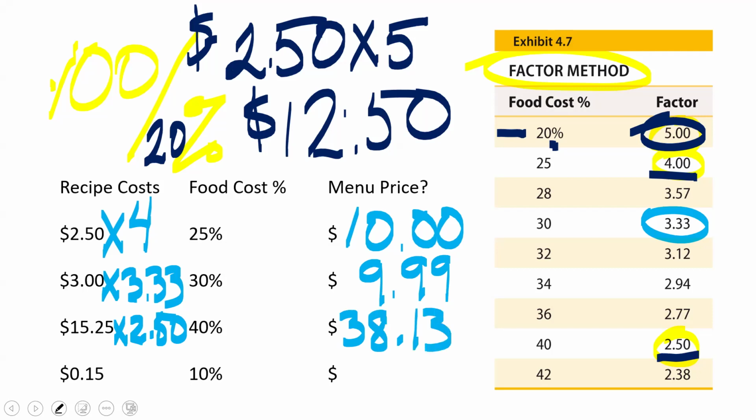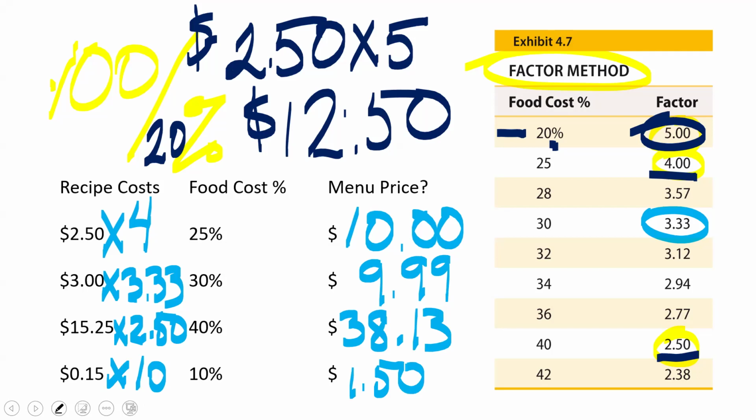Okay. And then what's 100 divided by 10? 10, right? So 15 cents times 10 is $1.50. Okay. So you can see how it's much easier to do this factor method than it is to try to do the triangle every single time, okay?